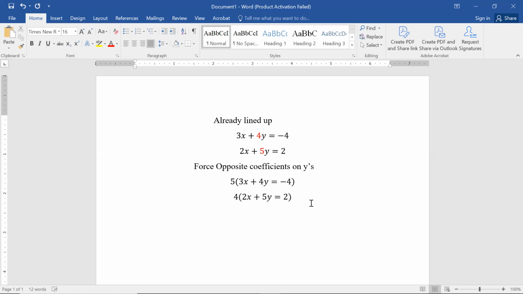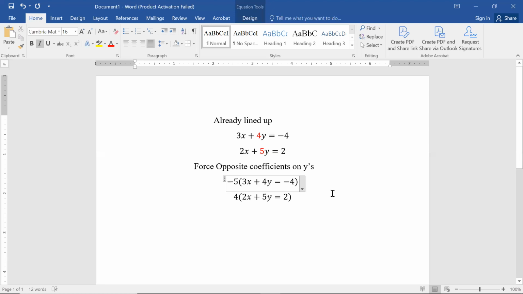But before I start multiplying, I need to change the sign on either the 5 or the 4. I need to make the 5 into a -5, or I need to make the 4 into a -4. I think I will choose to make the 5 a -5. You could have just as easily made the 4 a -4.